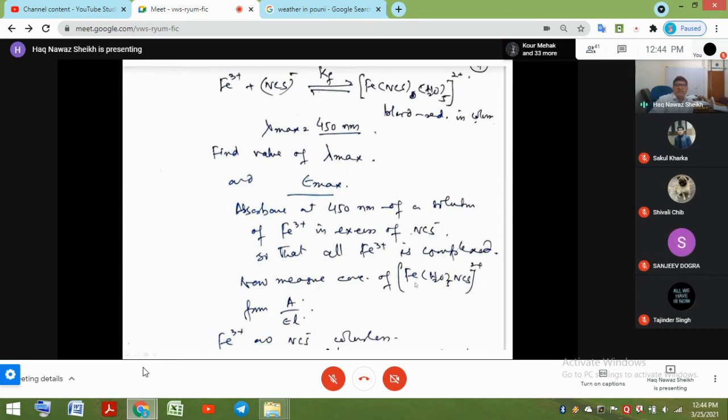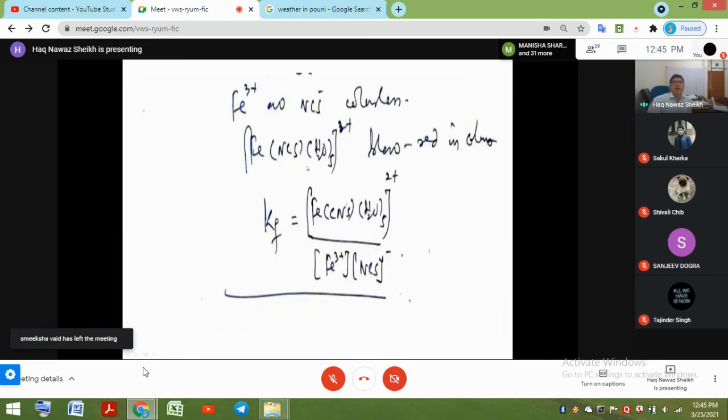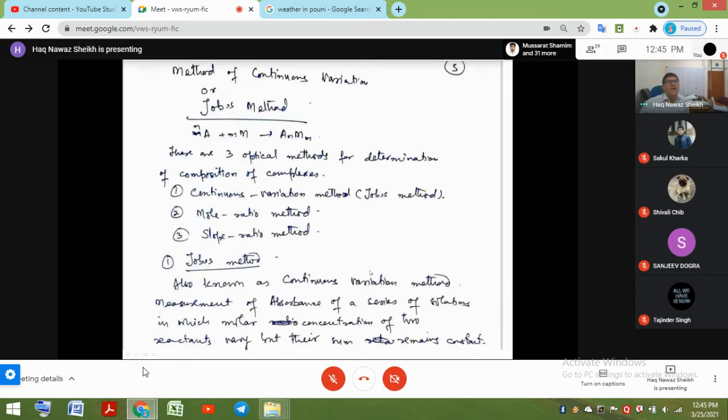Now measure the concentration of this complex from A by epsilon into L. Iron 3 and thiocyanate are colorless, and the complex is blood red in color. So put those values here and you find out the equilibrium constant, right?